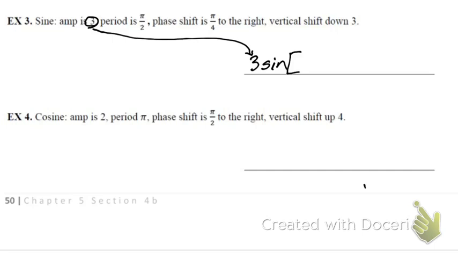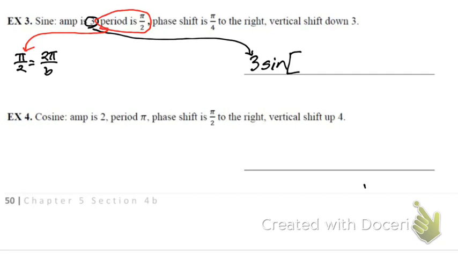All right, the next bit of information they give you is your period is pi over 2. Remember, pi over 2 helps you find your b value, but pi over 2 is not your b value. You're going to take that period being pi over 2 and set it equal to 2 pi over b, because the period is 2 pi over b.